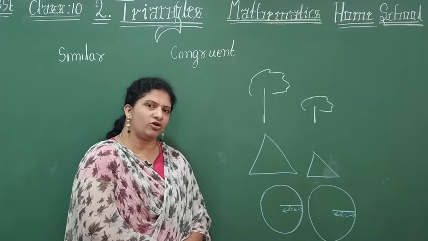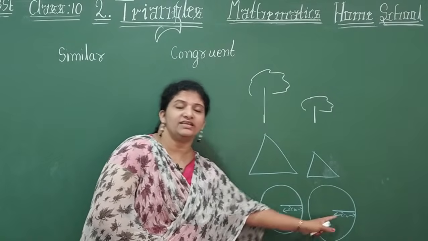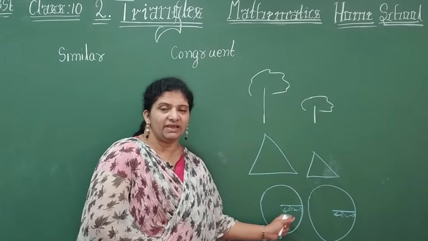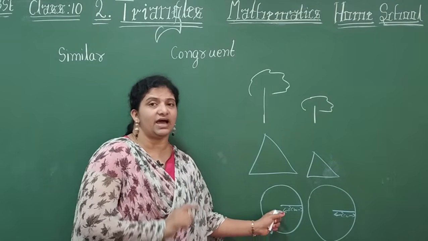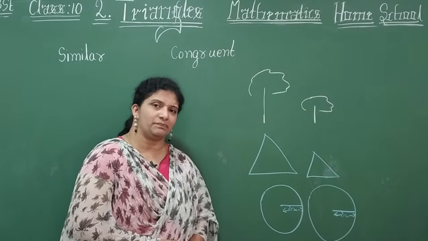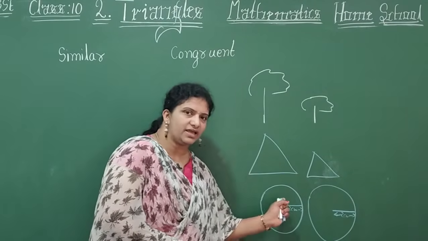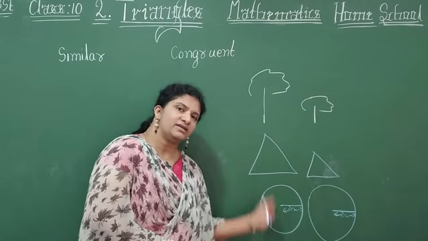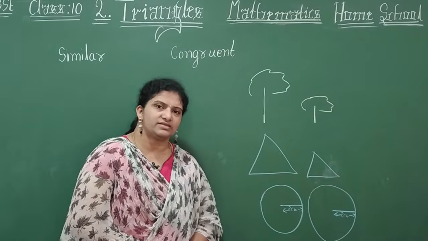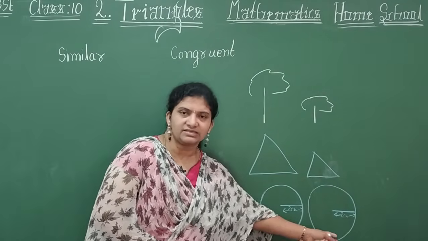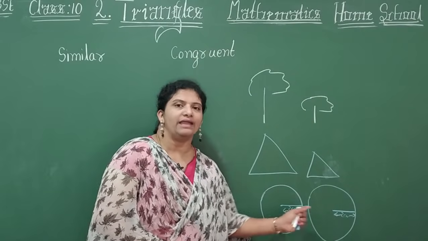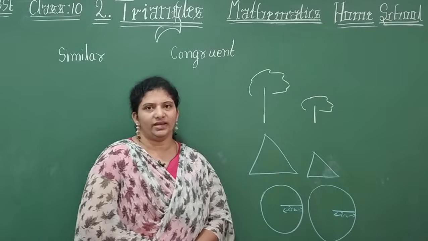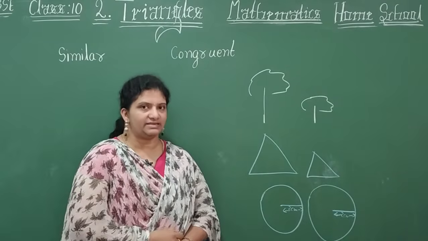How can you say congruent? Both have the same radius. Means they are of the same size and same shape. The area is equal to the circle area and the radii are the same. What you can say? These two figures are similar and they are congruent. One more word I say here, children.